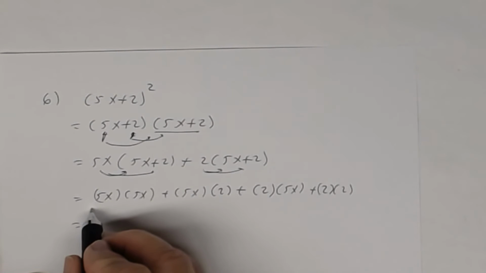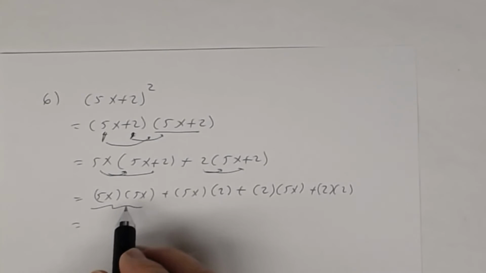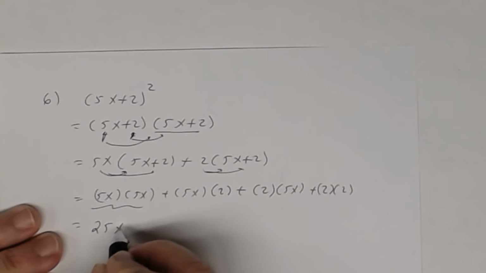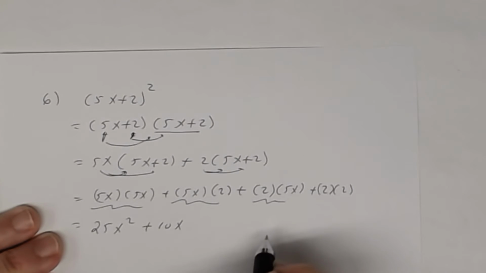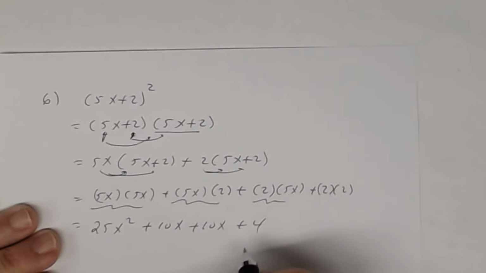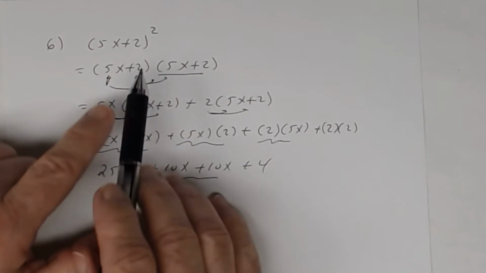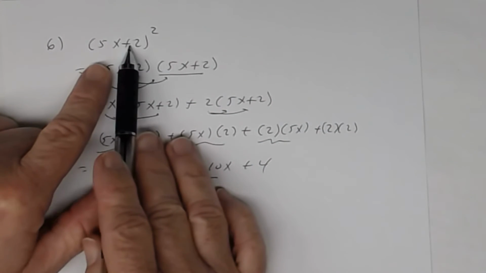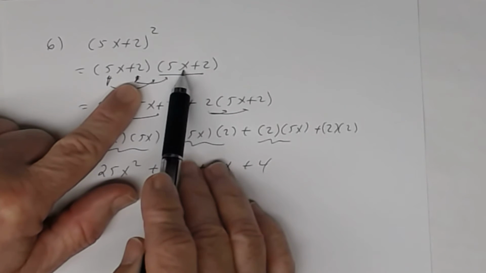And now simplifying each product, 5 times 5 is 25, x times x is x squared. So that's 25x squared. 5x times 2 is 10x. 2 times 5x is 10x. And then 2 times 2 is 4. Combining like terms, and I want you to notice something. The fact that you're squaring a binomial, notice that those two binomials are exactly the same, right?